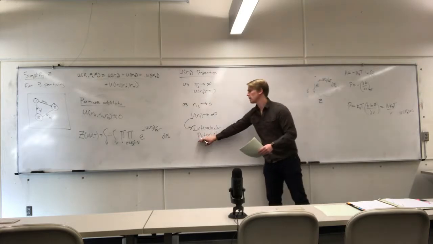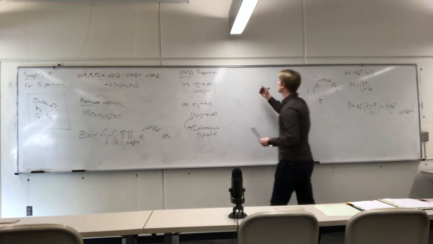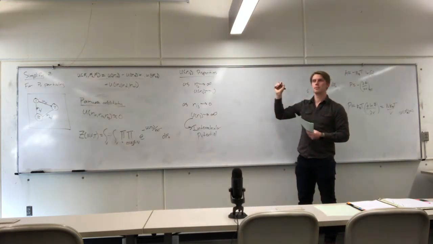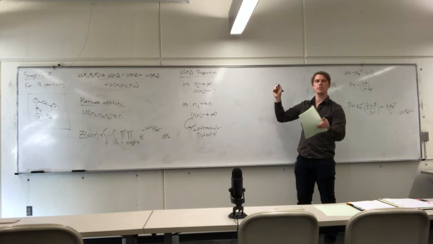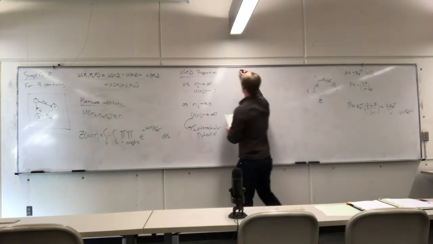Potential is the key word here. This tells us what is the energy based on how close or far apart they are. Does anybody know some potentials off the top of their heads? How particles interact? Lennard-Jones is one. Any others? Hard sphere potential? You guys heard of that one? Okay, so hard sphere potential.